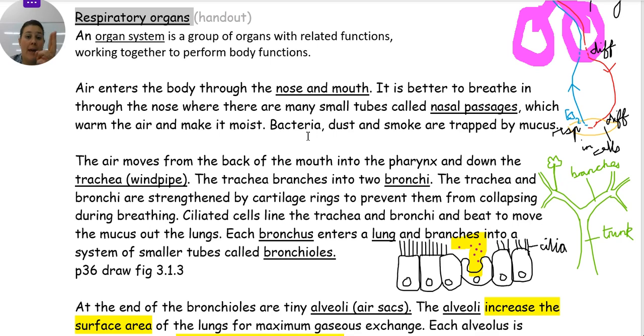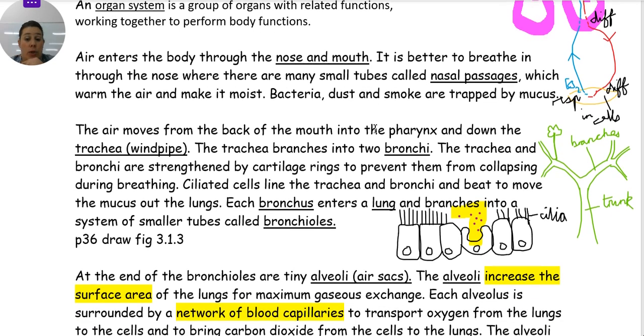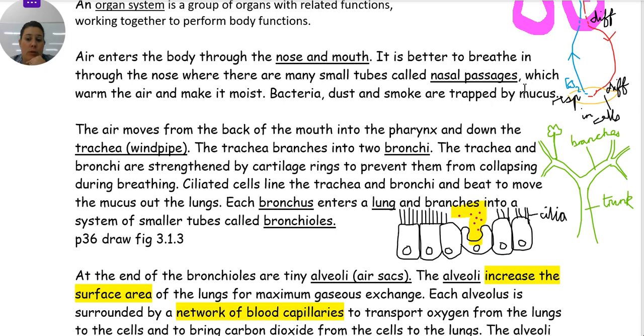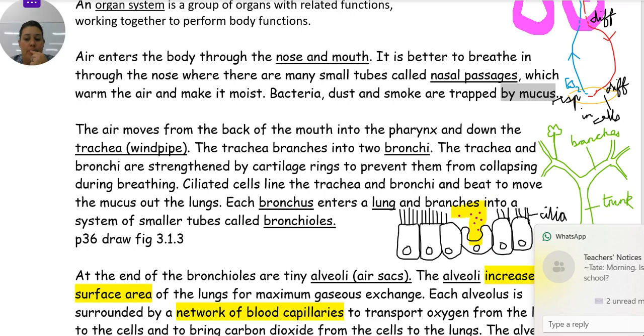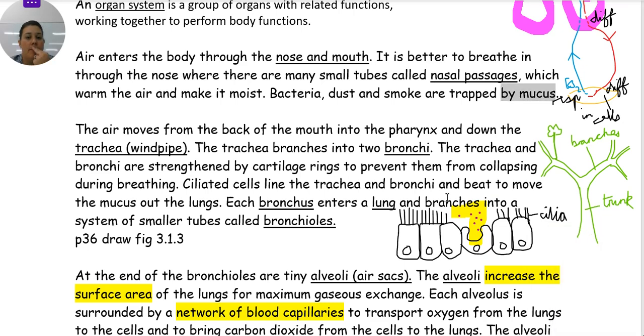Warm air and moist air will have better diffusion, so you're going to get more oxygen into your blood. Also, bacteria, dust, and smoke can be trapped by the mucus in your nostrils, so that it doesn't get into your lungs and cause an infection.